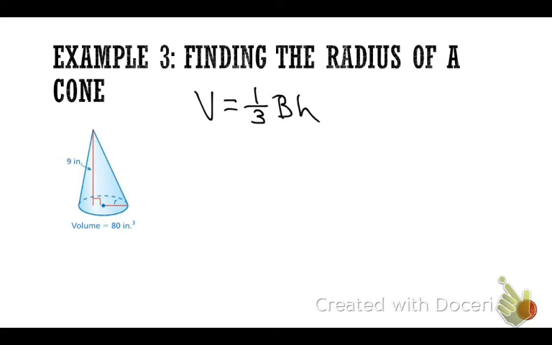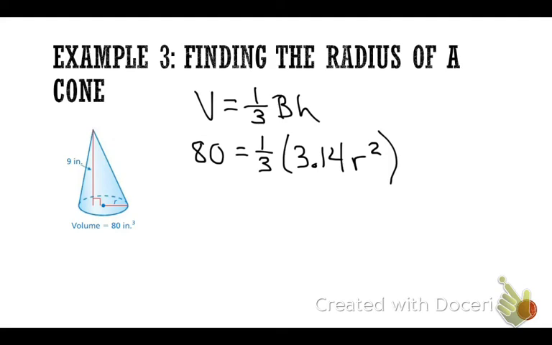So V equals, I got my volume is 80, equals 1/3. Now for the area of my base, I'm going to run into a little issue because I know 3.14, but I don't know the radius. And I know that I am supposed to square my radius, but I don't know what it is. What's my height?